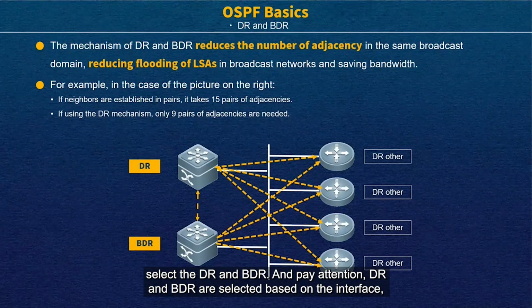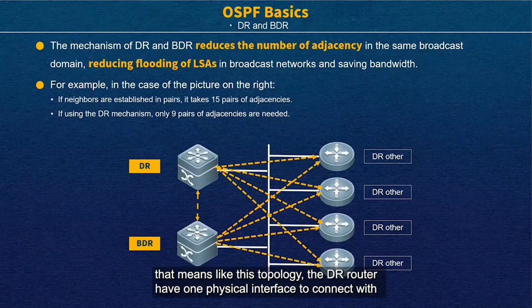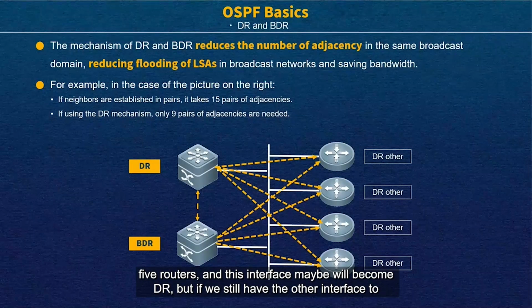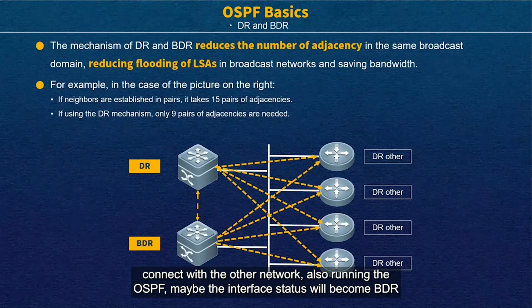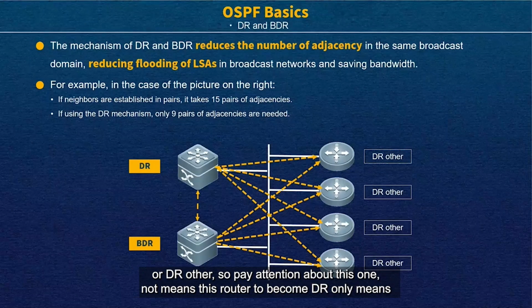And pay attention, DR and BDR selection is based on the interface. That means like in this topology, the DR router has 1 physical interface connecting with 5 routers, and this interface may become DR. But if we have another interface connecting with another network also running OSPF, maybe that interface state will become BDR or DR other.